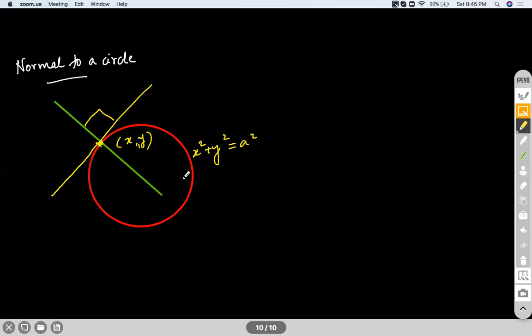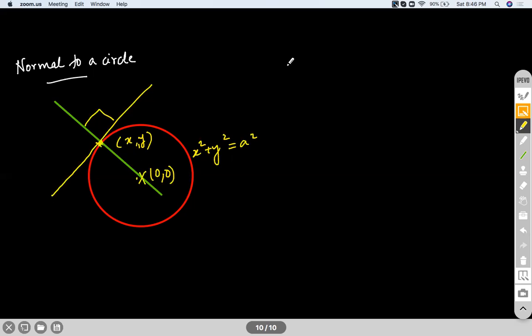Oh no, but then that used differentiation. It's simple. You know that a normal to the tangent will have to pass through the center.